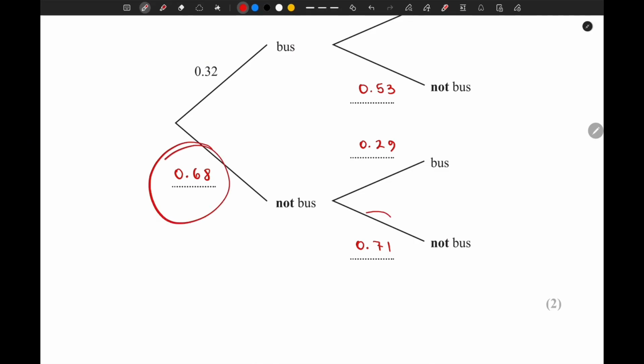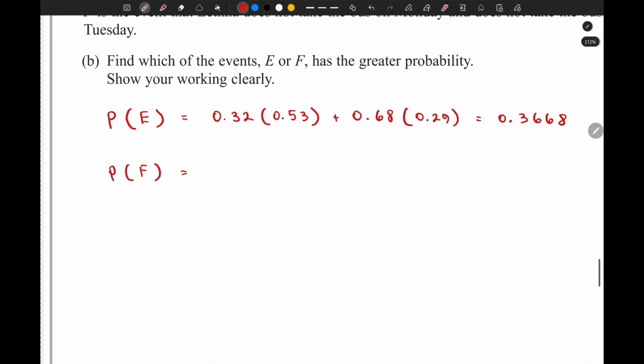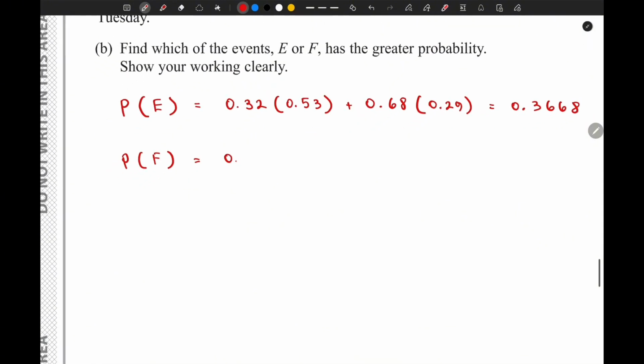So this and this. So it's 0.68 times 0.71, which is equal to 0.4828.